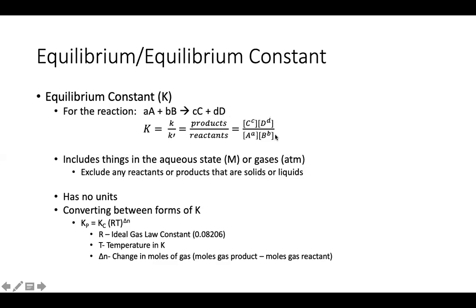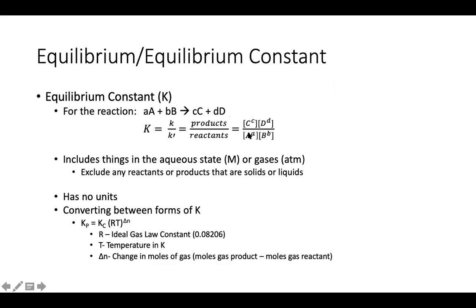And then in the denominator, we'll do our reactants raised to their respective powers. Now we can solve for the equilibrium constant in terms of molarity, so in terms of concentrations, or we can do it in terms of gases, and we plug in pressure in terms of atmospheres when we do gases.